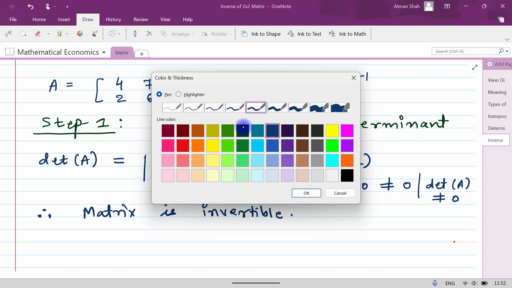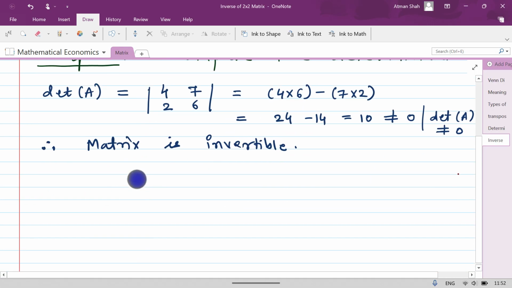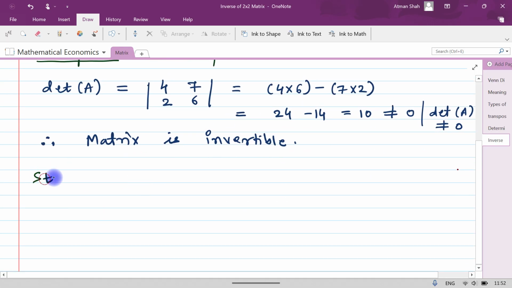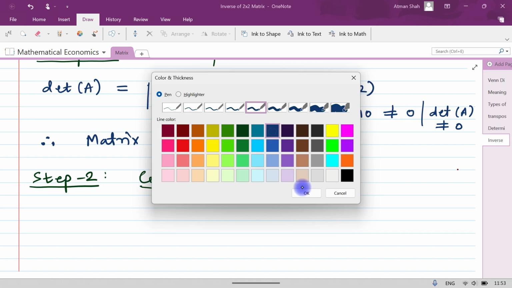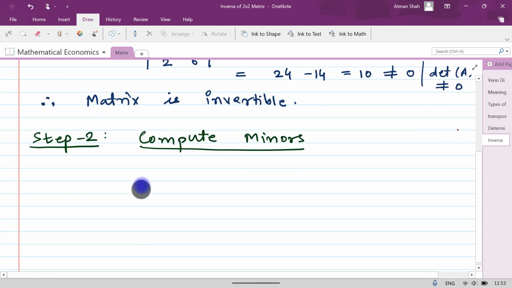Now let's understand step 2. Step 2 is compute minors. So how do we compute minors?